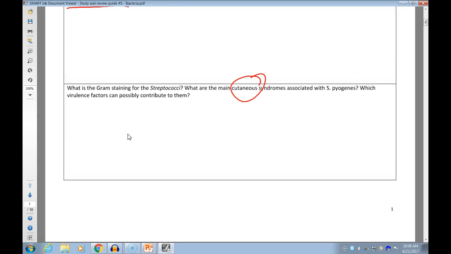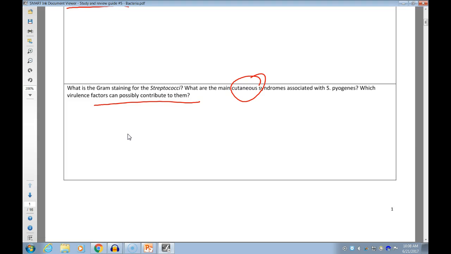Cutaneous, you know what cutaneous means? Skin, associated with skin. So we're talking about impetigo, erysipelas, and so on. Which factors can possibly contribute to them? Virulence factors. I make it a little bit like you have to take it to the next step. You have to think, okay, it's probably things that destroy extracellular matrix.